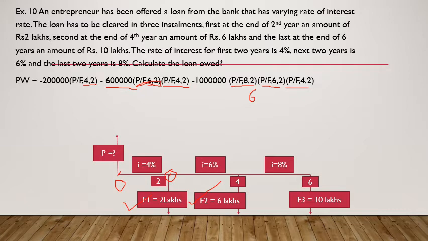When I multiply it in 3 stages like this, I convert this 10 lakhs to P at t is equal to 0. So now this is also being done. Substitute the values from a factor table, and we get the value as PW as 13,84,123.